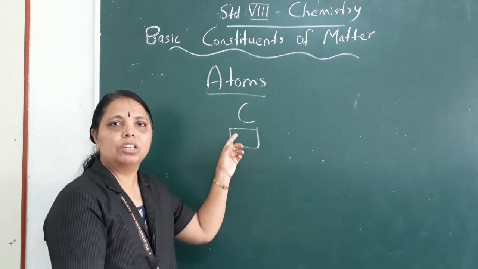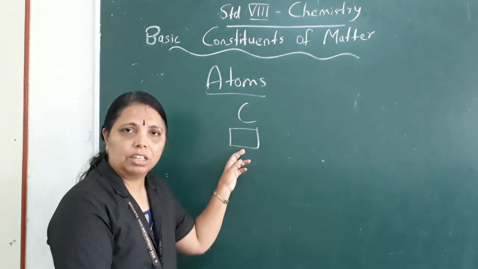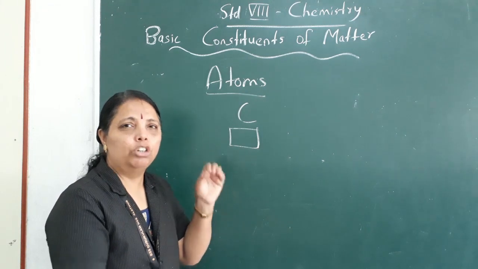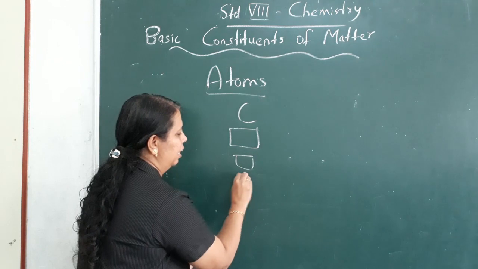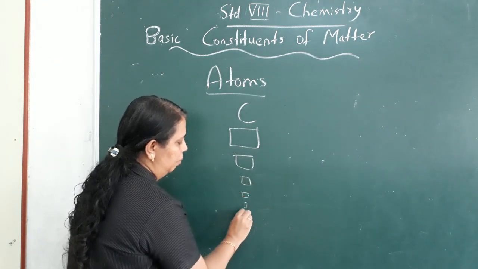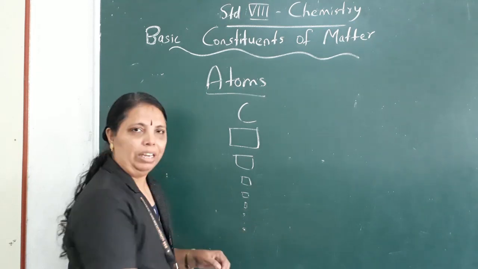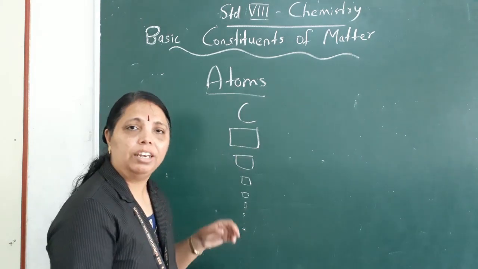This is element carbon. I told you elements cannot be split. They can only be made smaller, smaller, smaller. Now suppose I am making this smaller. Ultimately, I'll reach a point where I cannot divide this block any further.